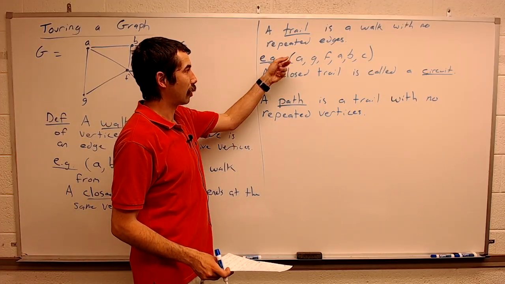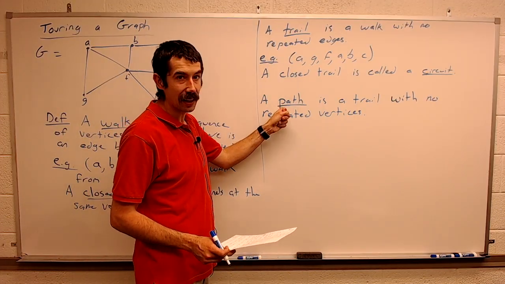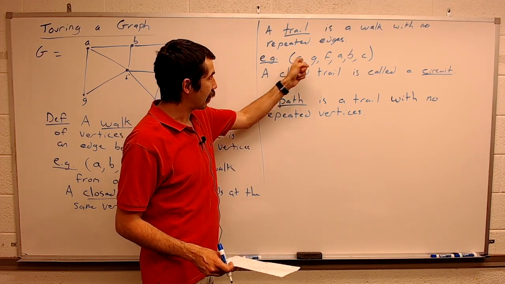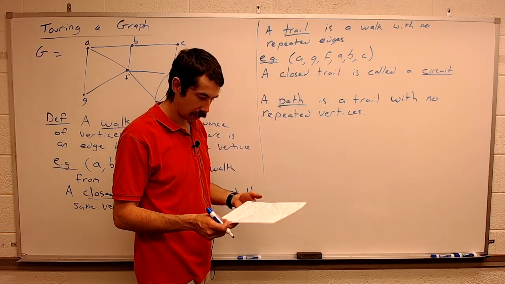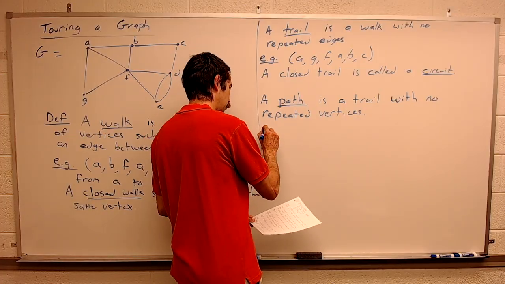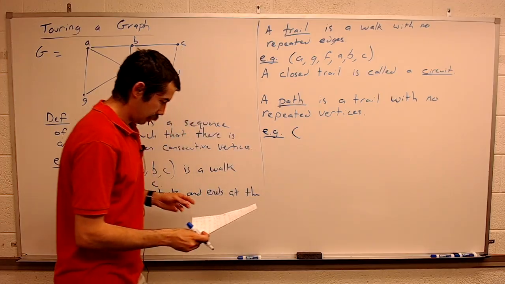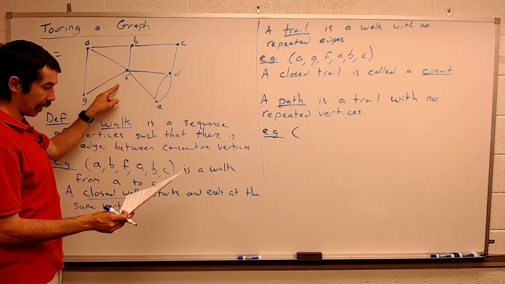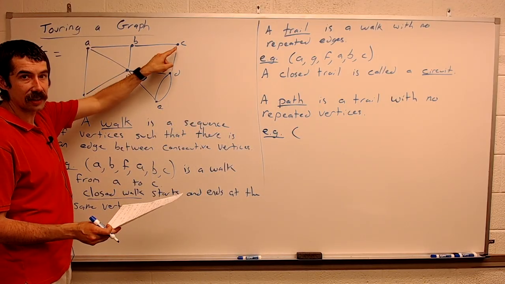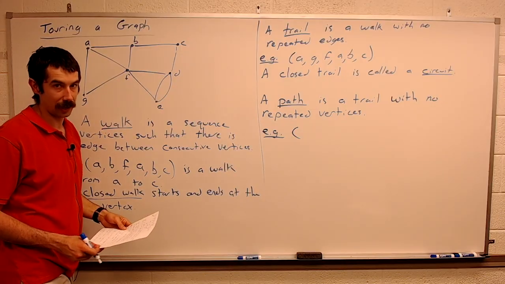All right, so this example here, of course, is not a path because A is repeated. So let me give you an example. A to G to F to B to C, that, of course, is a path.